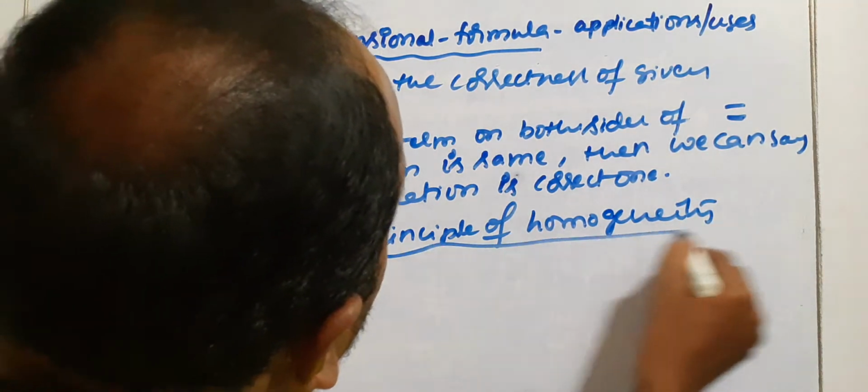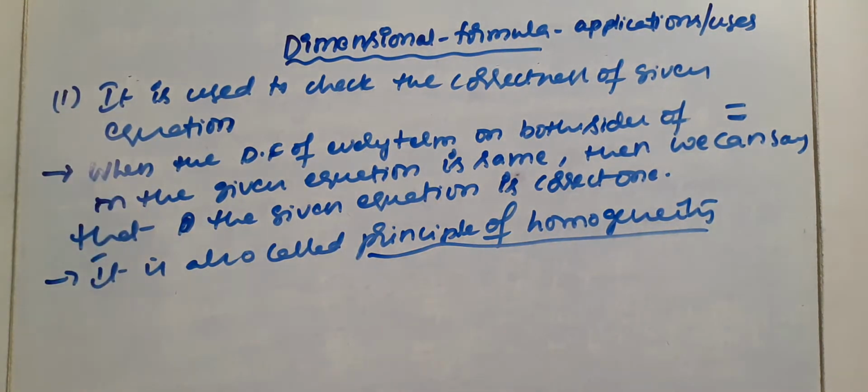In the principle of homogeneity, we are comparing the dimensional formula of each quantity on the left side of the given equation and the dimensional formula of each quantity on the right side of the equal sign in the given equation or formula.